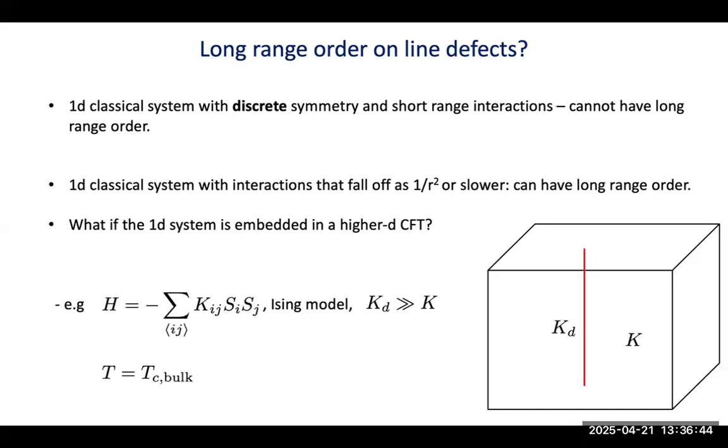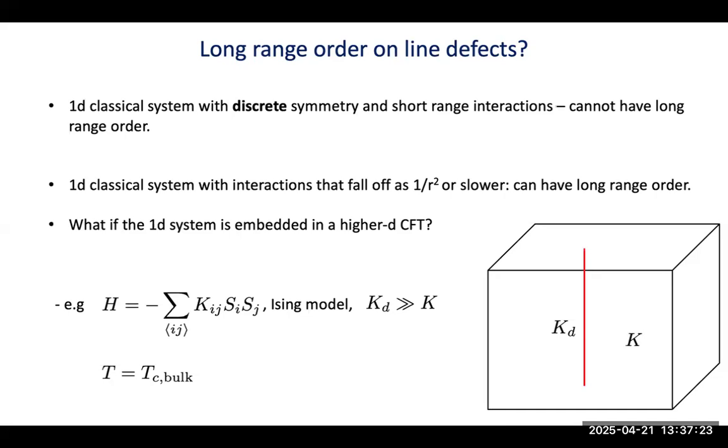I'm just thinking about a classical statistical mechanics model in d dimensions, and I'm going to tune the temperature to the bulk critical temperature, to the Curie point. Then I'm going to consider a line here, and on this line, I'm going to make the coupling between the spins much bigger than the bulk coupling, such that locally the spins want to order along this line. And I want to ask, can I get long range order along the line at large enough value of the defect coupling K_D?